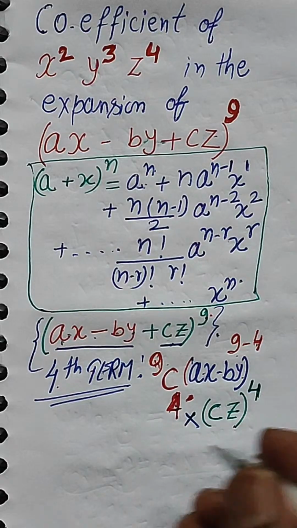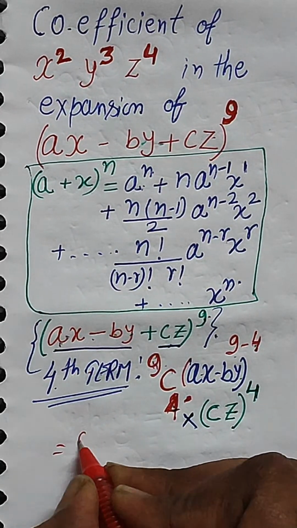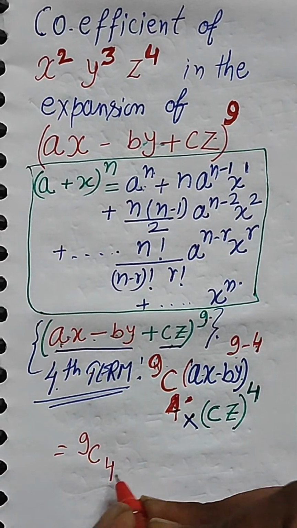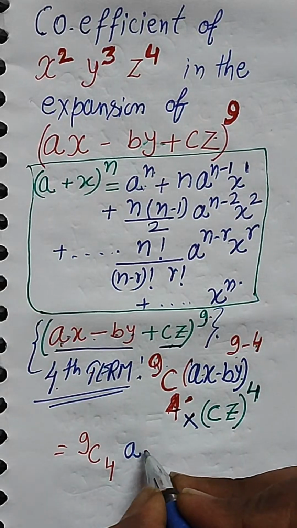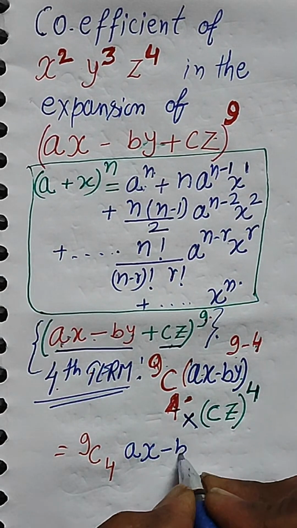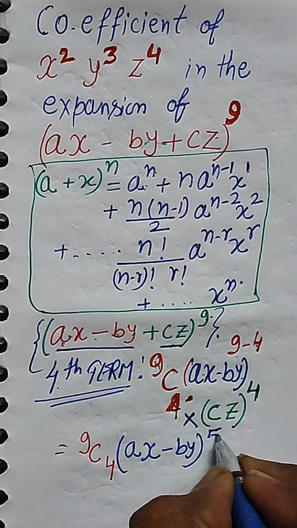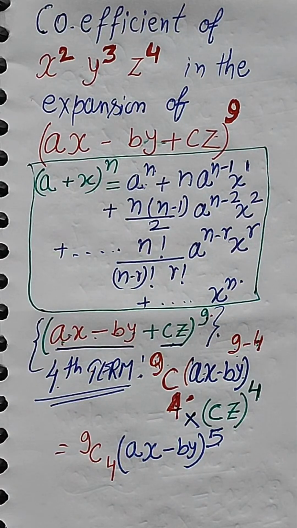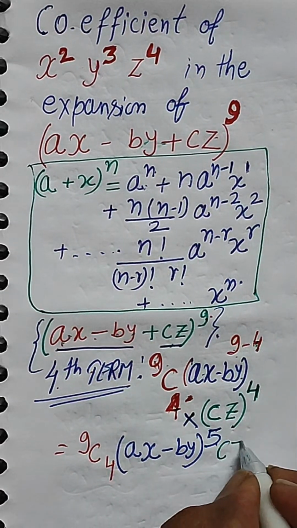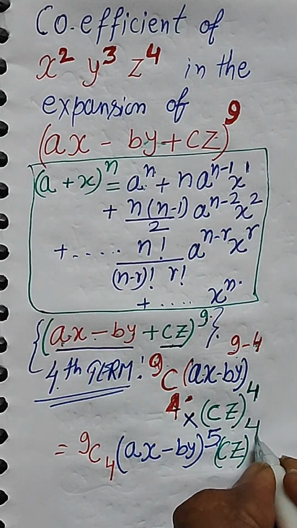Which is basically 9C4, (ax - by) power 5, because 9 minus 4 is 5, and (cz) power 4.